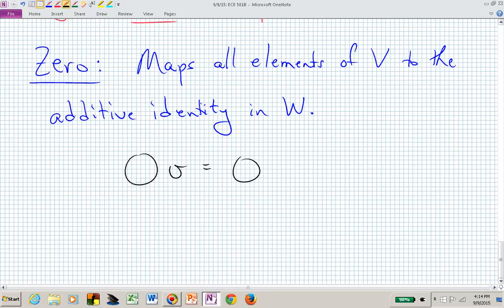We could say 0 of V is equal to 0, but that 0 is overloaded. On the left-hand side, that actually represents a map.